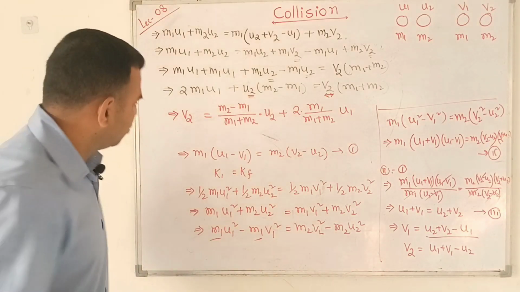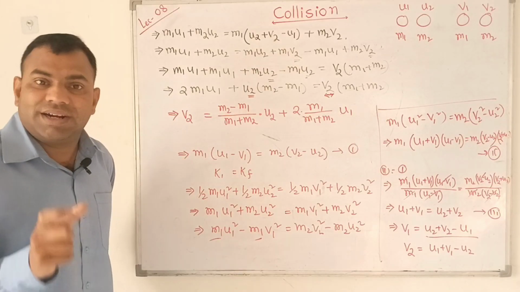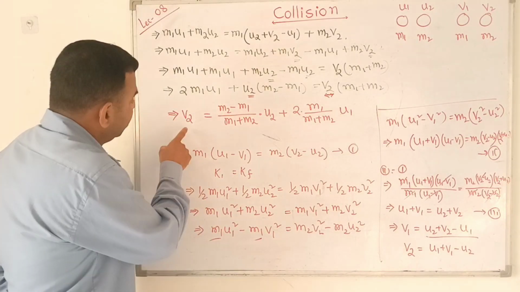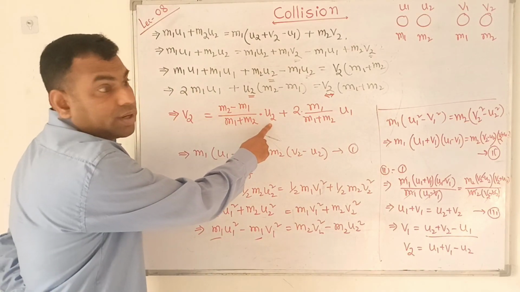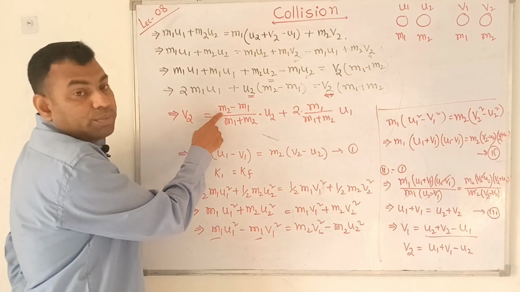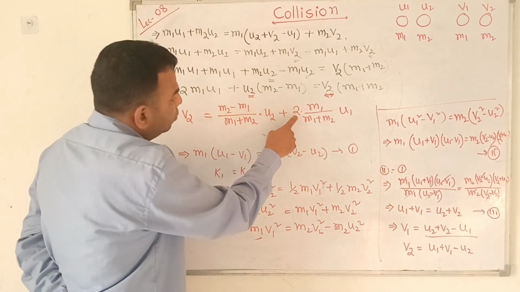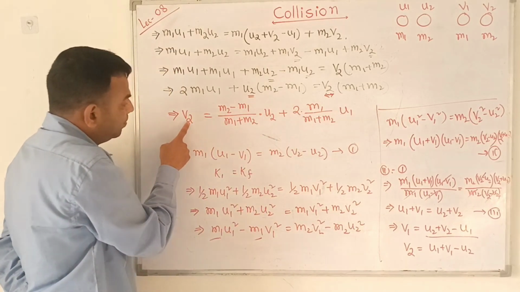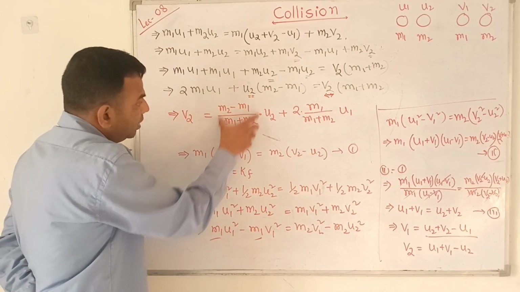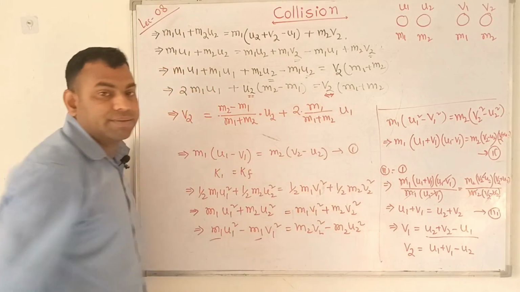Look, b2 is dominant, understood? So since there is b2, the u2 term will come with m2 minus m1 over m1 plus m2, and then 2 into m1 over m1 plus m2 will be the term with u1. Same condition, same logic.